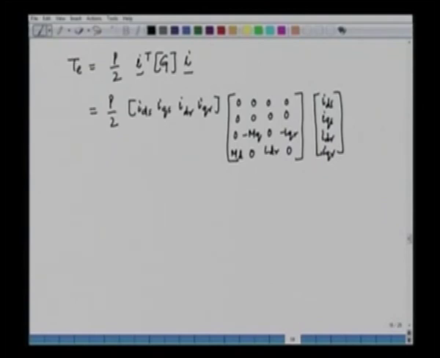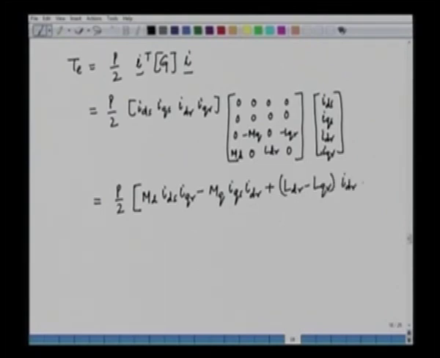So we can simplify this, and what we obtain here is the final expression for the torque, that's equal to P by 2 into MD IDS IQR, minus MQ IQS IDR, plus LDR minus LQR into IDR and IQR. So if we simplify this equation, we get the expression for the torque.